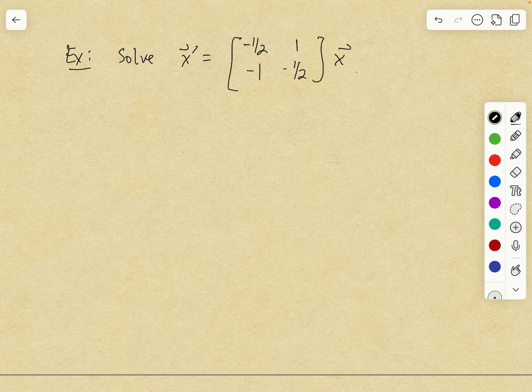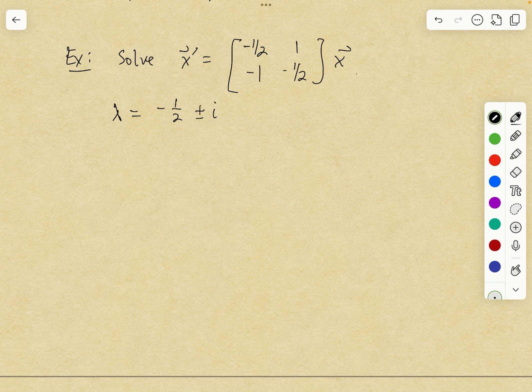But let's just use the matrix exponential to redo this problem. So first step is to find the complex eigenvalues. If you find the eigenvalues, you end up getting -1/2 plus or minus i. Actually, if you look at the columns of this matrix, it's the a and the b that you found before.